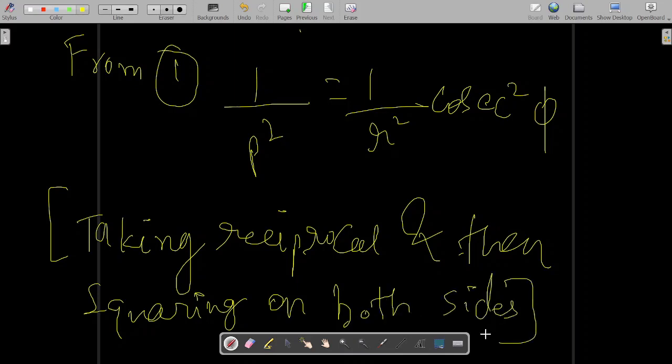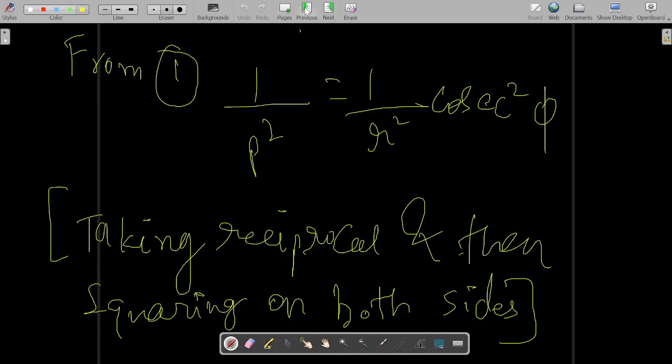First of all, we will take the reciprocal and then we will square on both sides. So this is the thing which you get, from your equation 1. Now we will write it once again, so that we have convenience. This is the expression which we got.